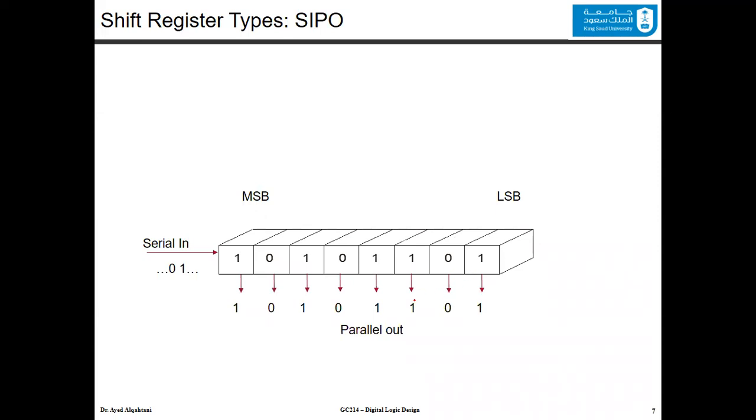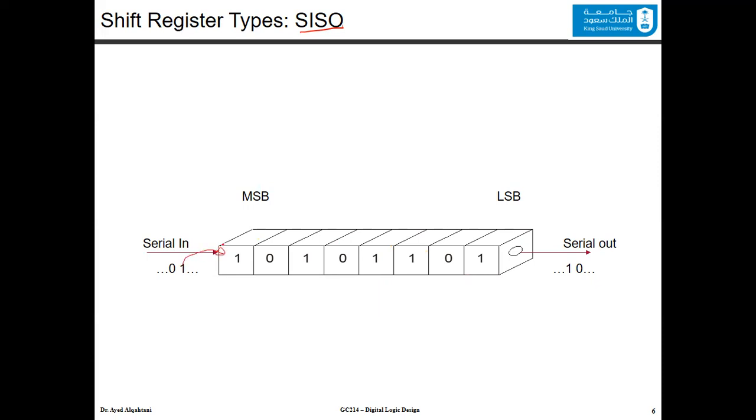While serially, whether you are talking about the input or the output, you get them bit by bit. So in one clock, you will get a bit in over here, and you will get a bit output from here. The next clock, the next bit will get in, and the next bit will also get out. This is the serial type, SISO.